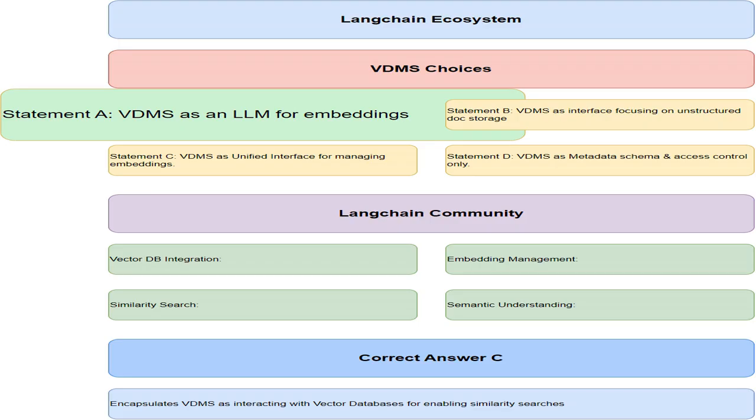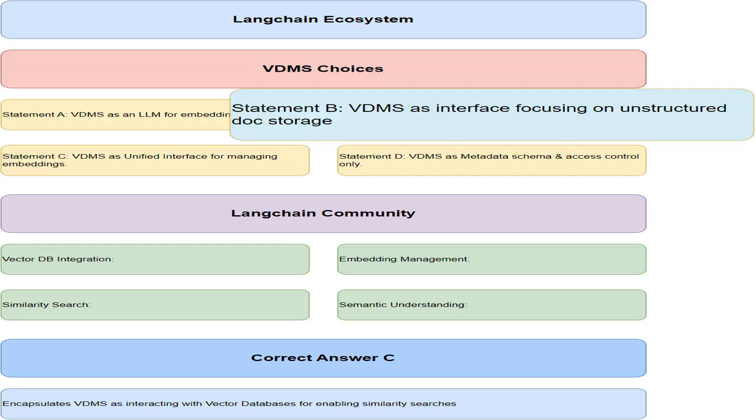managing those embeddings. Statement B frames VDMS as an interface, or a way of interacting, that focuses on unstructured document storage. While it's true that VDMS aims for abstraction, that is, hiding the complexities of different vector databases, the focus is on vector embeddings, not general file storage.